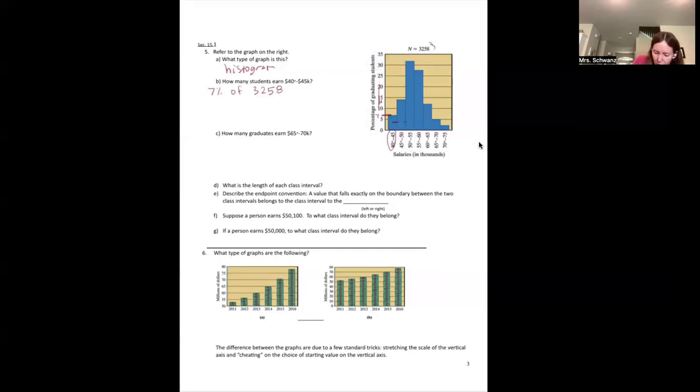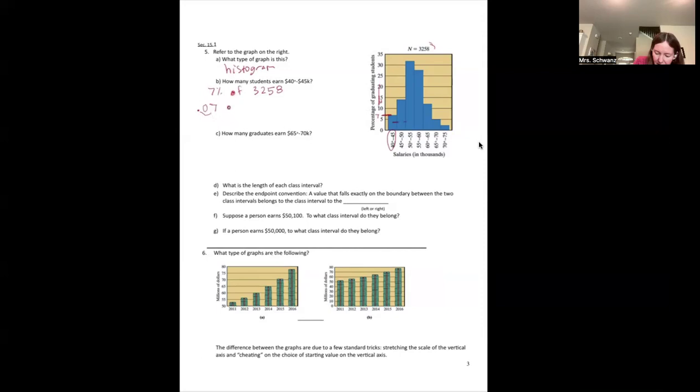You have to remember that the "of" means a multiplication dot. So you're going to turn the percent to a decimal by moving the decimal twice to the left. So 7% becomes 0.07.